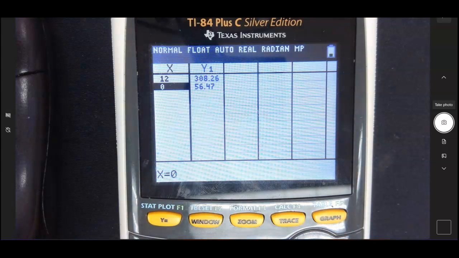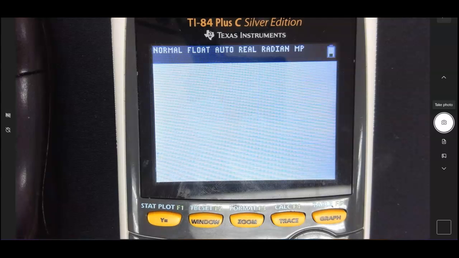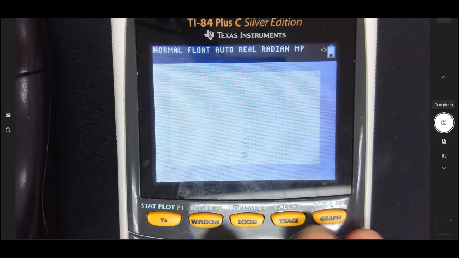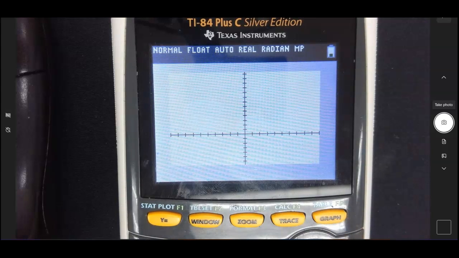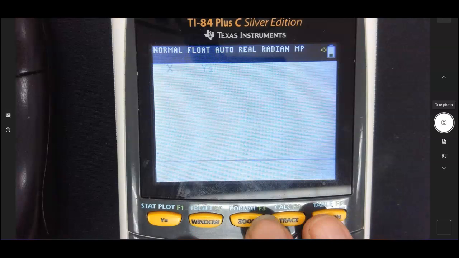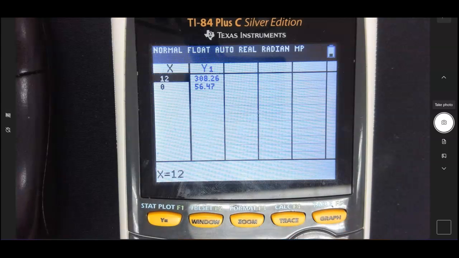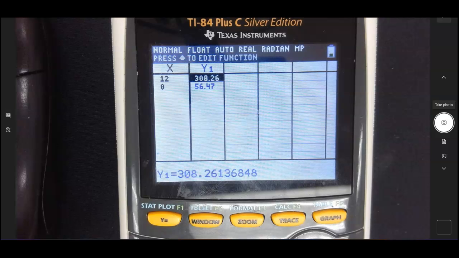So what that means is that the population stopped growing as quickly as we originally calculated. So for percent error, you would just take your findings, which again was 308 point something. Here we go, 308.26. So I'm just going to hit enter, 308.261.